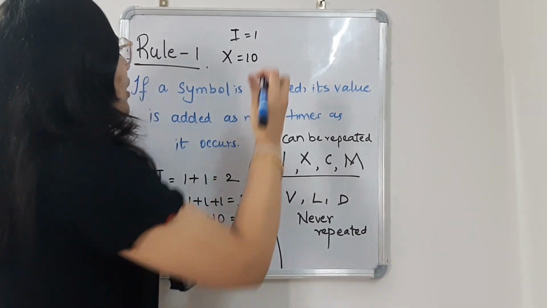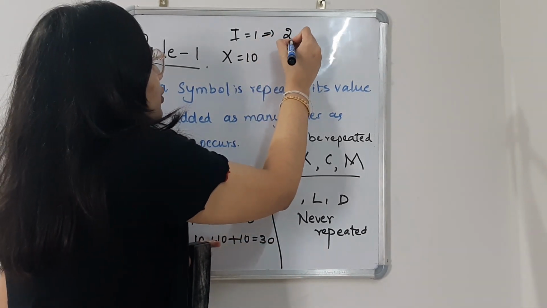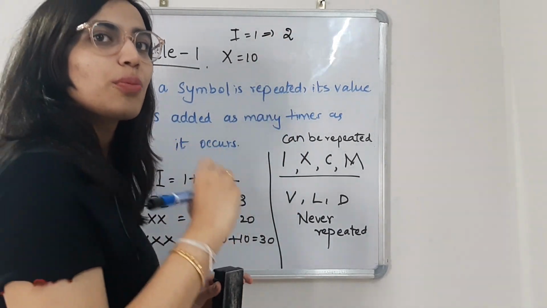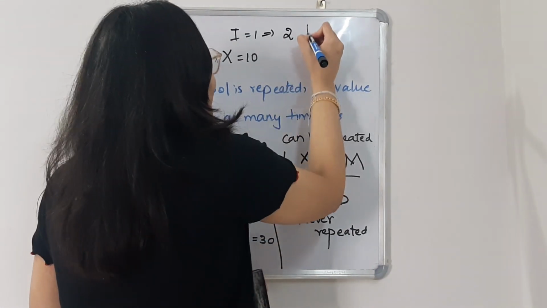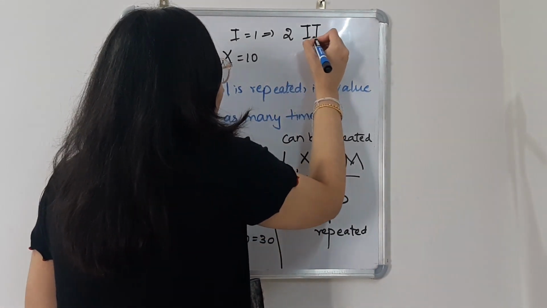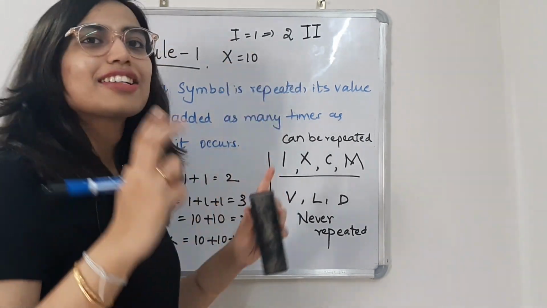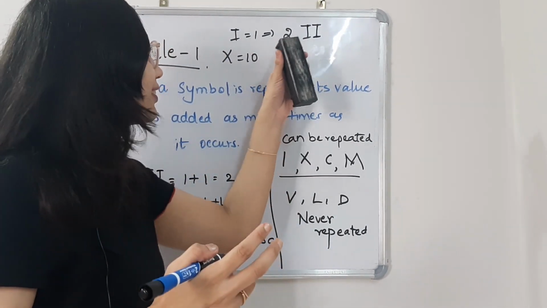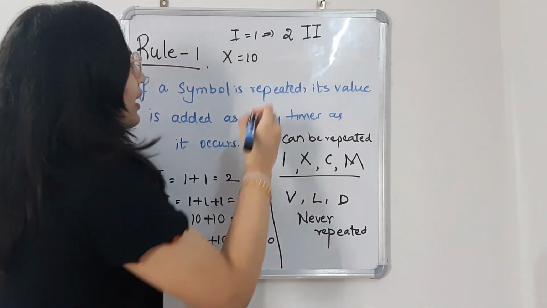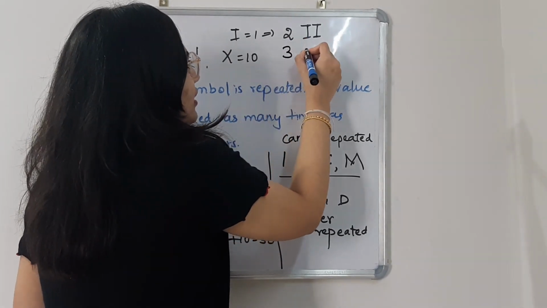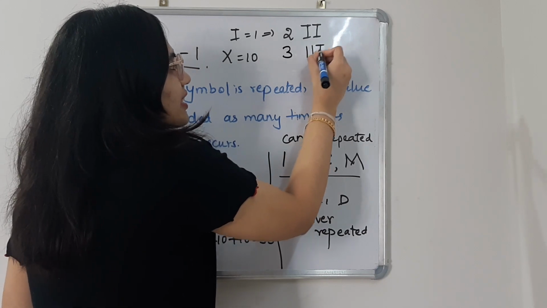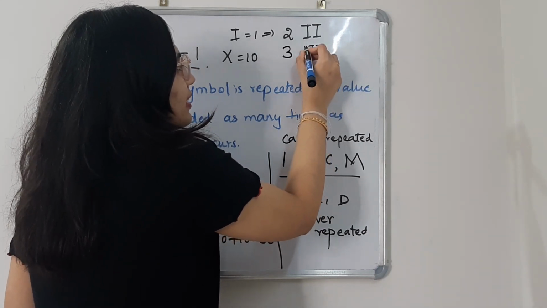So we can write 2 in Roman numerals as I and I. That means we are adding 1 twice, which is nothing but 2. Similarly, 3 in Roman numerals can be written as 3 I's.